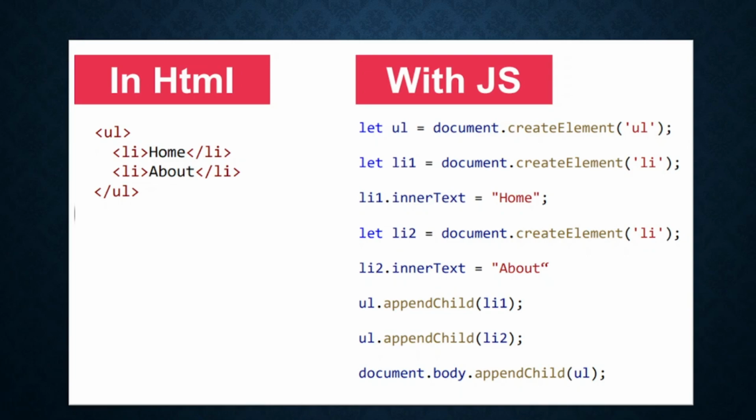Then we are adding home to the inner HTML, that is li1.innerHTML, similar to that li2.innerHTML is about. Then into the UL element we are appending these, which are li1 and li2. Then this UL and li together are appended to the body as a child.